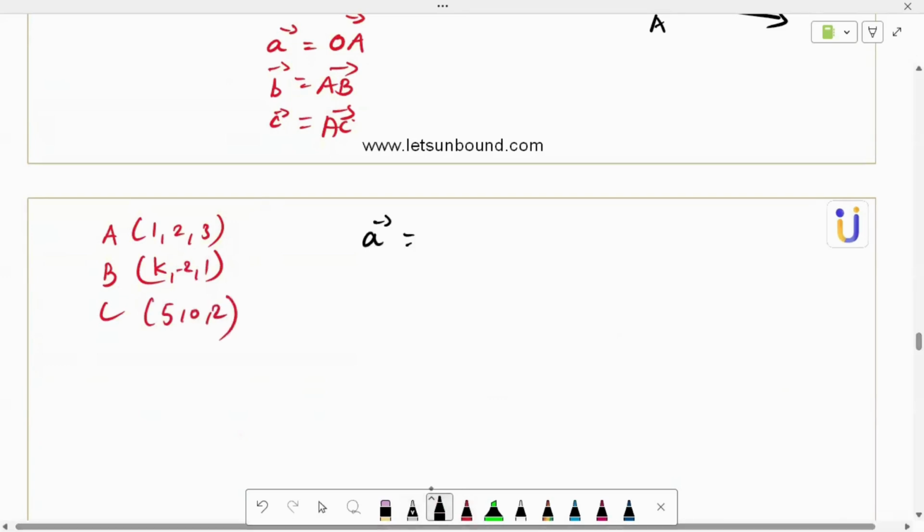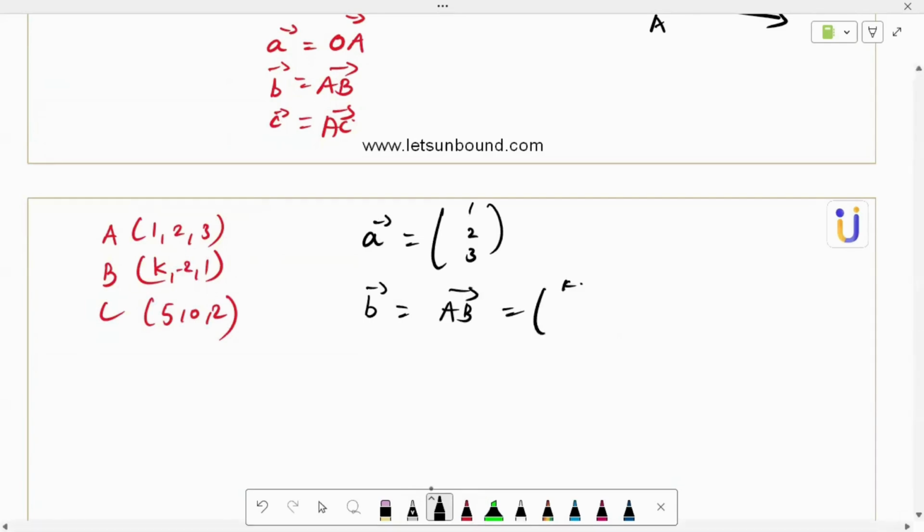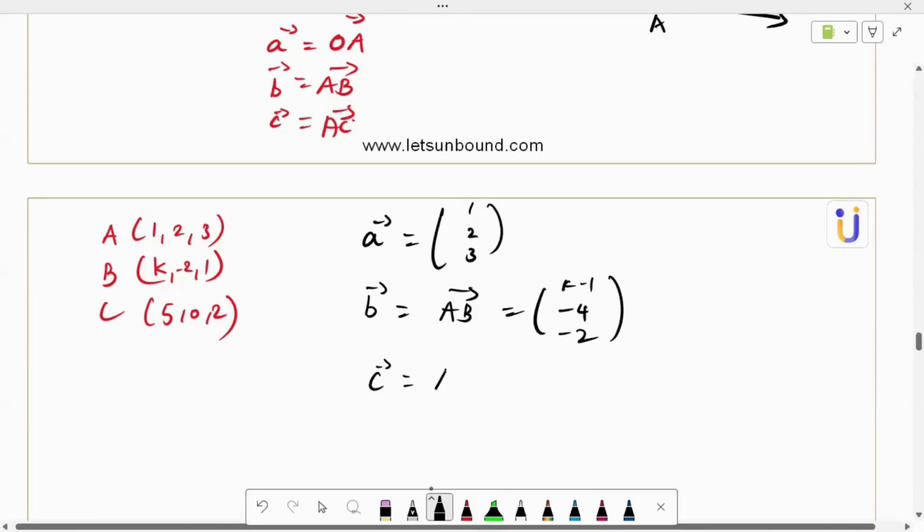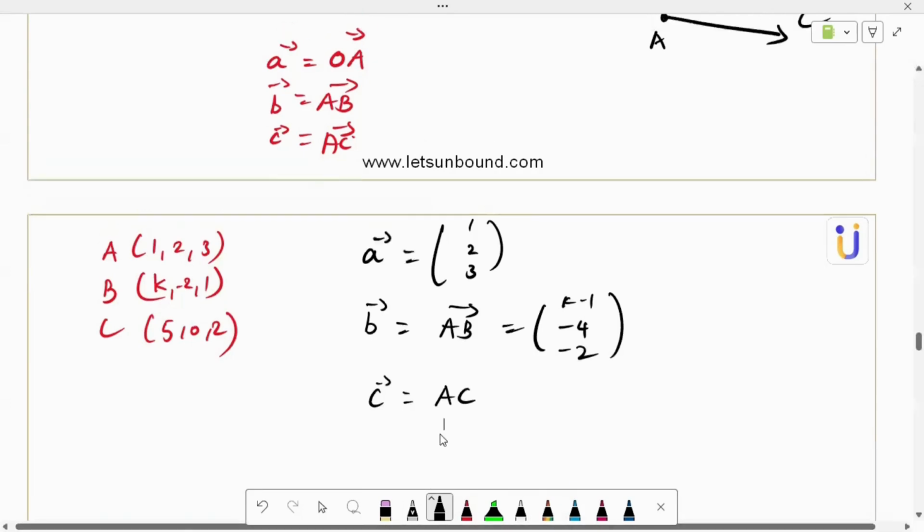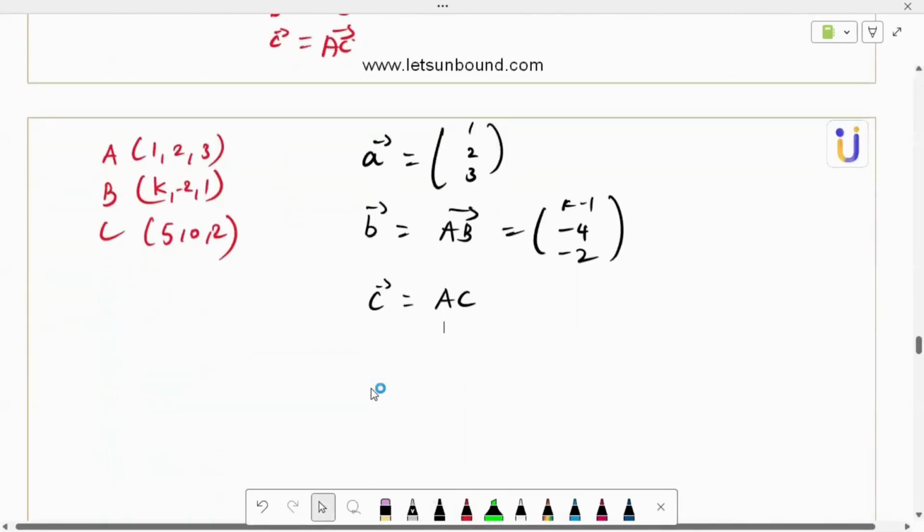My A vector is OA, which is just 1, 2, 3. My B vector is the AB vector, so K minus 1, minus 4, minus 2. And my C vector is going to be the AC vector, which in this particular equation is 4, minus 2, minus 1.